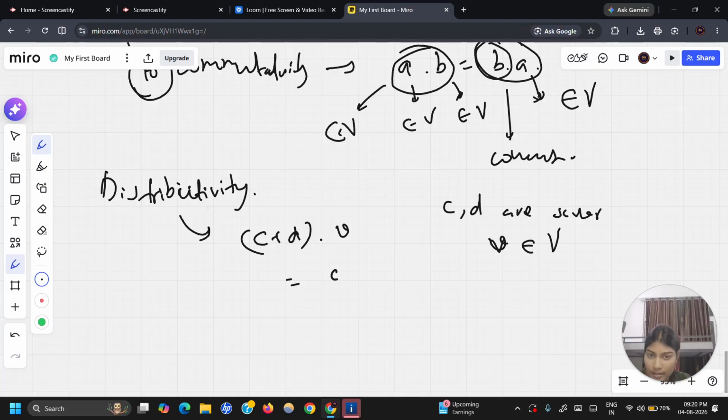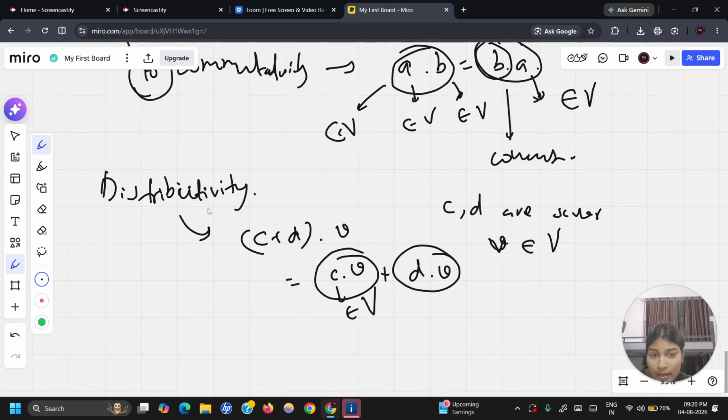Then that gives C into V plus D into V. Since D is scalar and multiplied with this belongs to V, and these two belong to V, the resultant also belongs to V. So we say that the resultant should belong to the vector space, then only we consider it as a group.